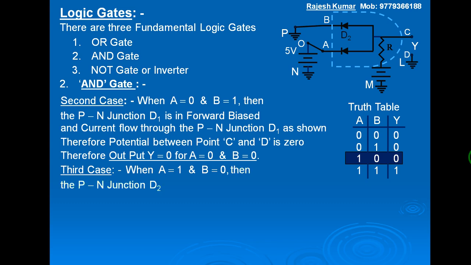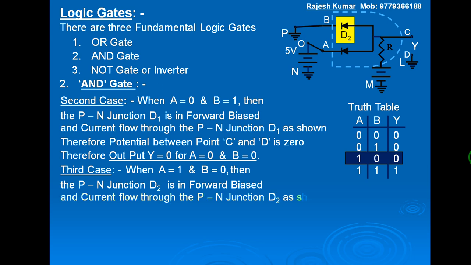Then the PN junction D2 is in forward bias, as the N-type of it is connected to low voltage and the P-type of it is connected to the high voltage positive terminal of the battery, and current flows through the PN junction D2 as shown.